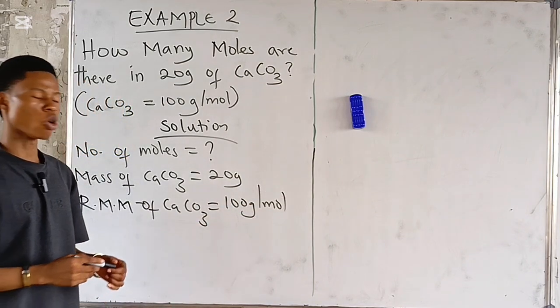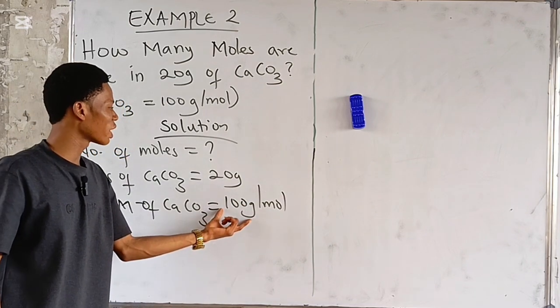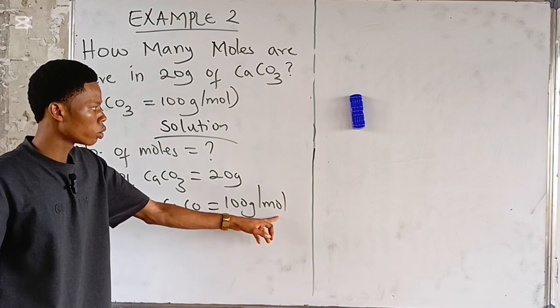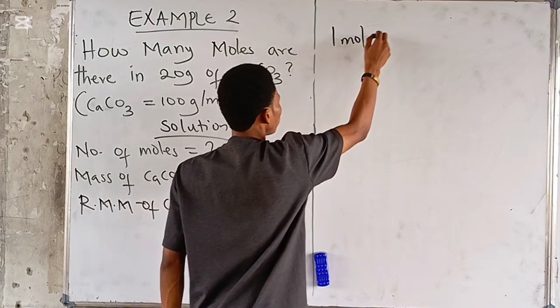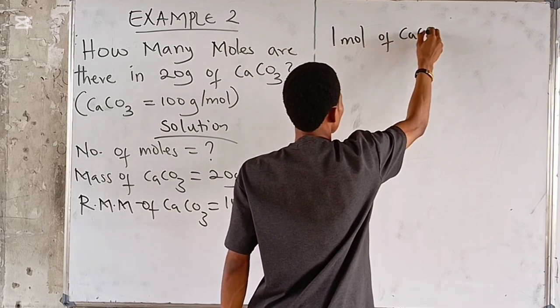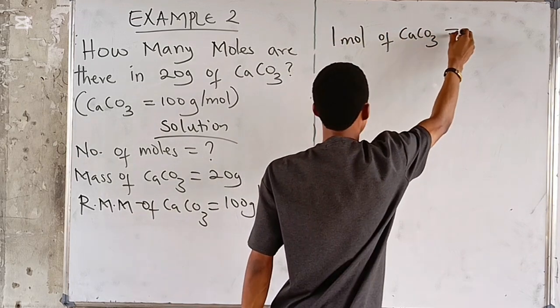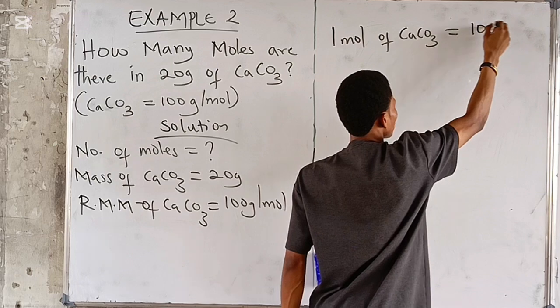What 100 grams per mole means is we have 100 grams in 1 mole. So it means that 1 mole of calcium carbonate here is equal to 100 grams.